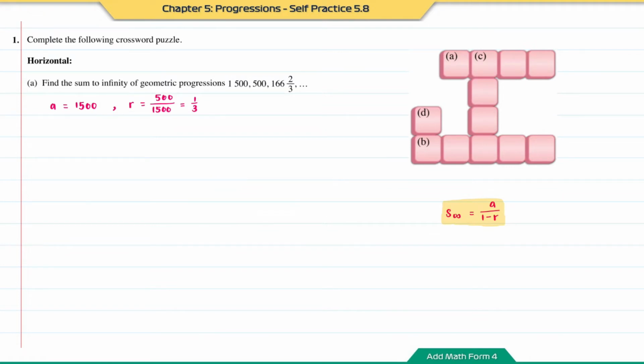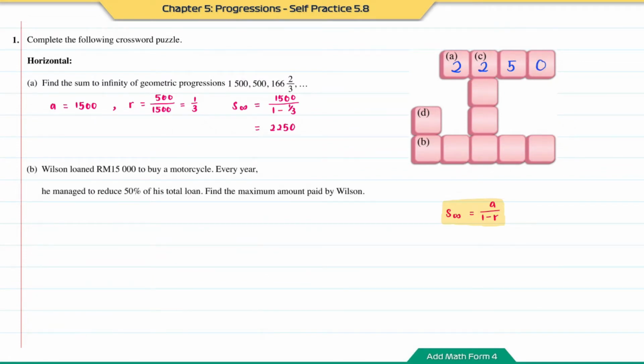Now to find the sums to infinity, we're going to use 1500, which is the a, divided by 1 minus 1 over 3. Solve this using a calculator, you find that the answer will be 2250. So for the horizontal part here, it will be 2250.